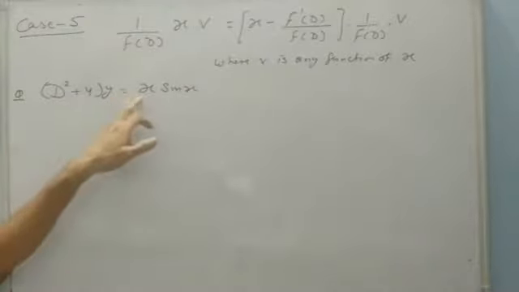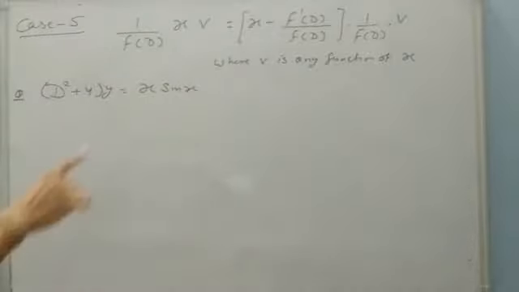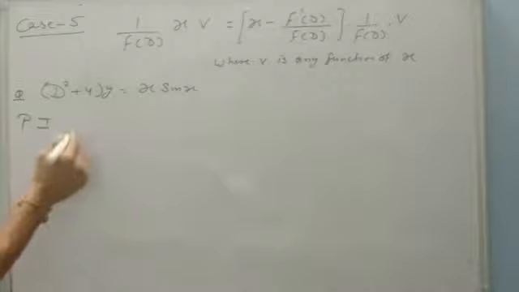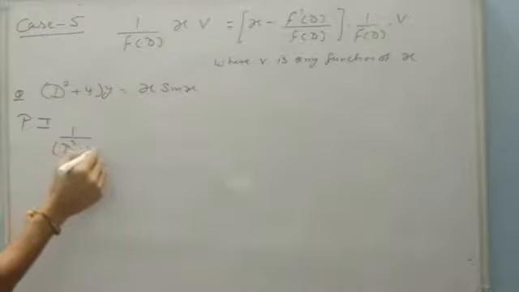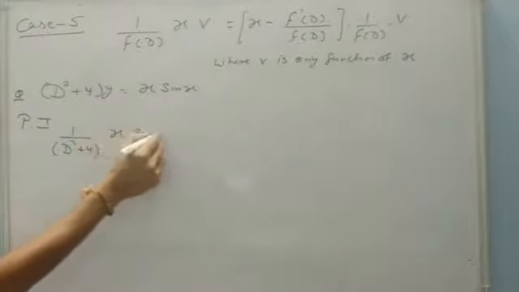There is a multiple of x with the trigonometric function. So when there is a multiple of x, then we will apply this formula. So I am going straight to the PI. It is 1 upon d square plus 4 of x sine x.